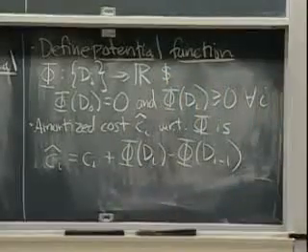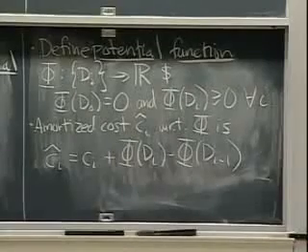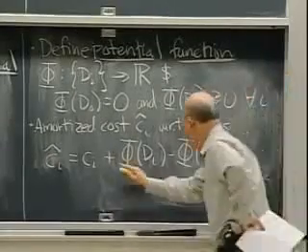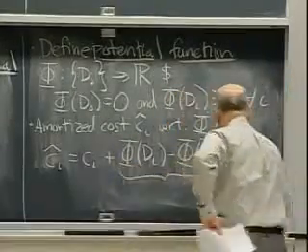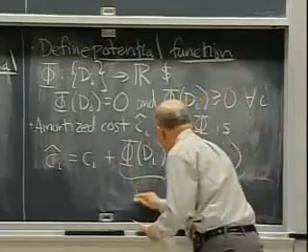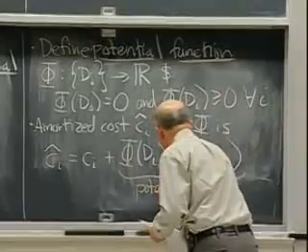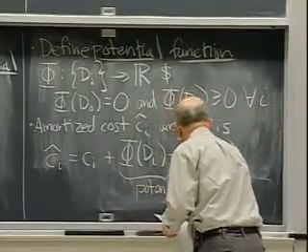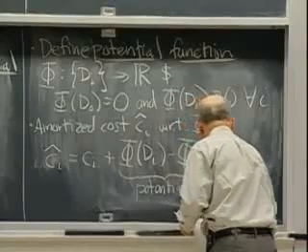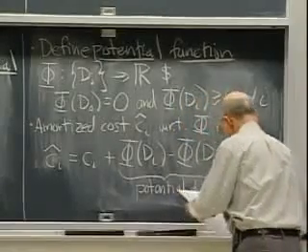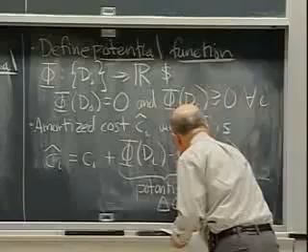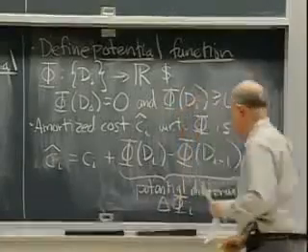This is the change in potential, the potential difference. Let's call it delta phi i for shorthand.